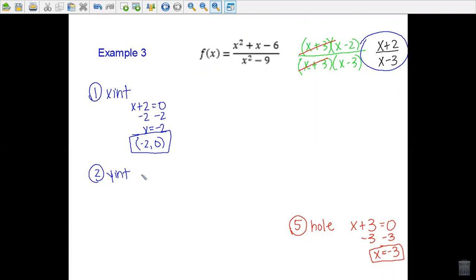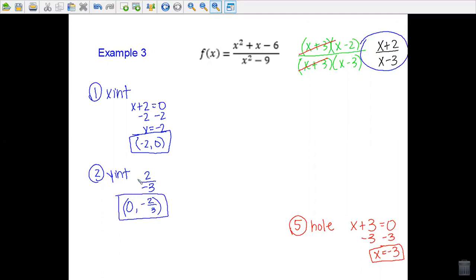So I'm going to divide my constants. Do I have a negative 6? Nope, sure don't. A positive 2 over a negative 3, and I can't simplify that. So that means my y-intercept is going to be at 0, negative 2/3.